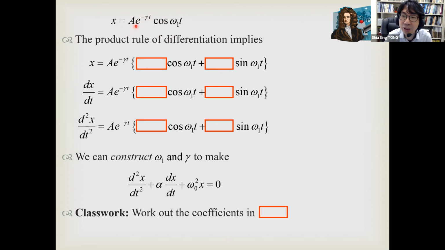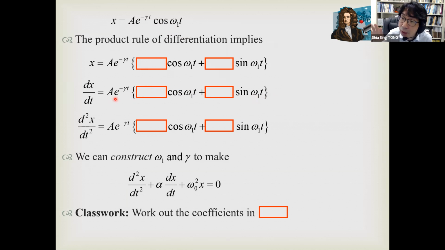When you apply it on the cosine term, you get a minus sign and a sine. If you apply it on a sine term, then it goes back to cosine. So no matter how many times you differentiate this, you always end up with an expression of this form. It must contain terms that go as a cosine or sine multiplied by an exponential factor. You always get this term.